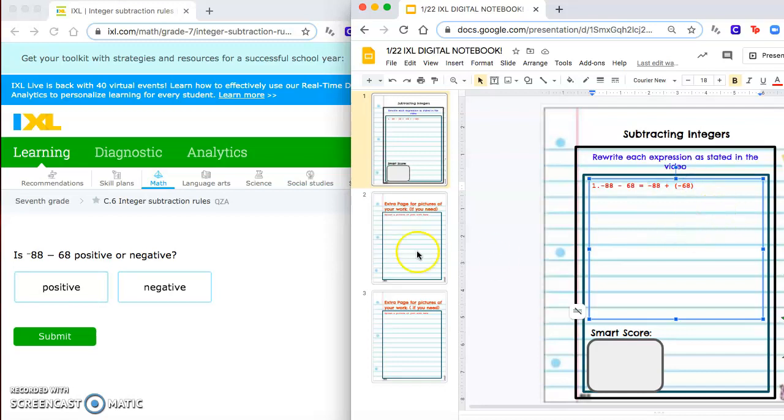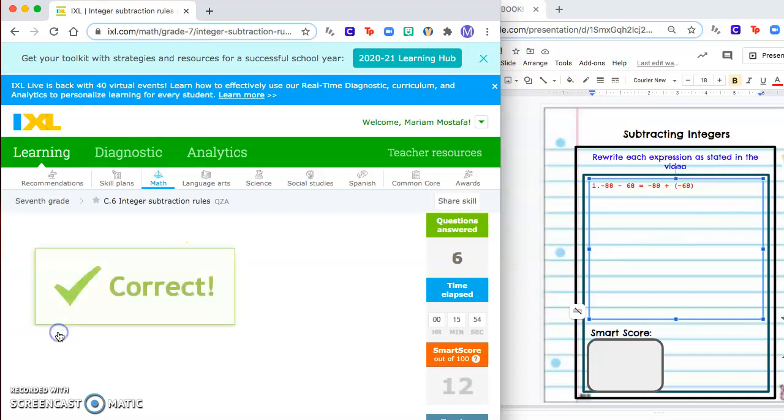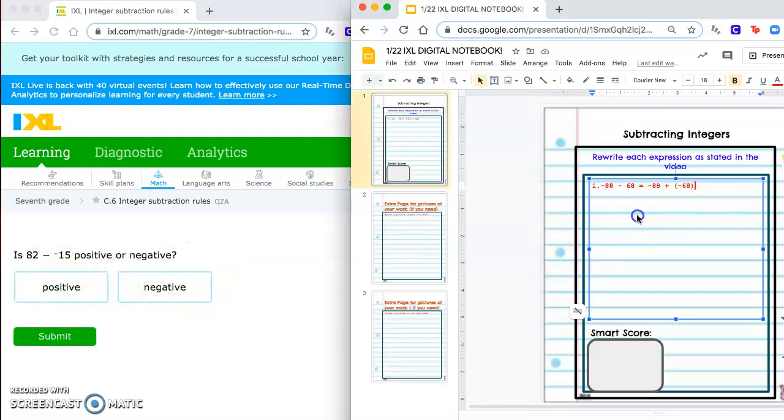Okay, so if I have 88 negatives and 68 negatives, here what you're saying is the answer, if I solve, would be negative. So you're going to do the same thing. Number 2, you have 82 minus -15. iExcel doesn't do parentheses, but you should get in the habit of doing parentheses.